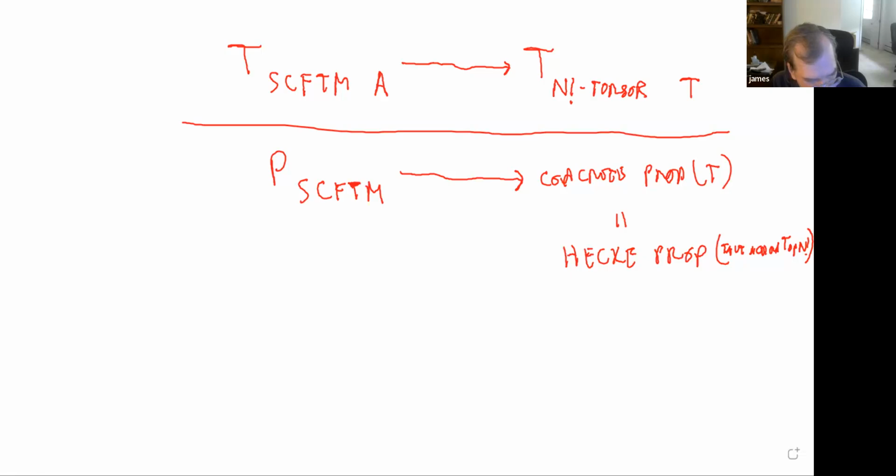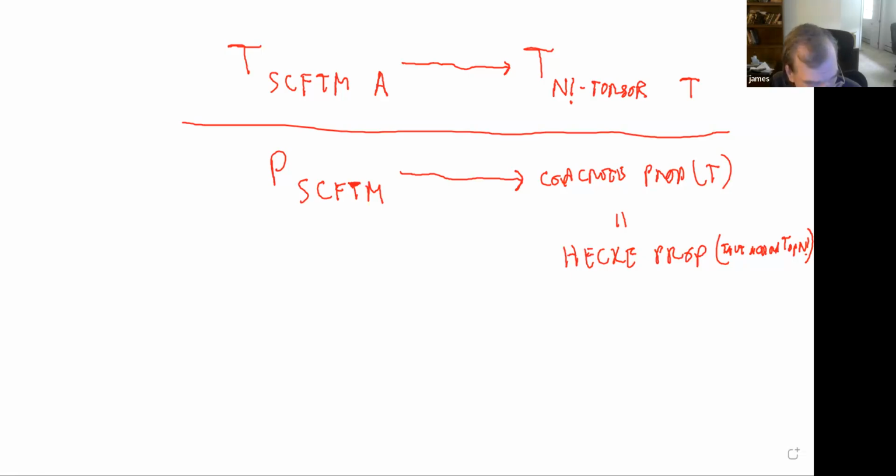An operator is a 1,1 tensor, but now we're interested in tensors with more general index setups. And we can still talk about invariant tensors, just like you can talk about the Hecke operators being the invariant 1,1 tensors.